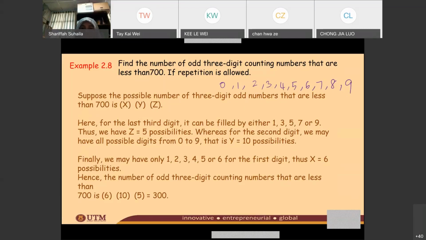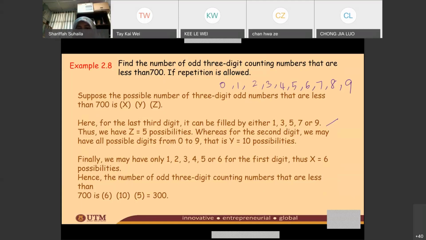So again you want odd numbers, so you can have either 1, 3, 5, 7 and 9.